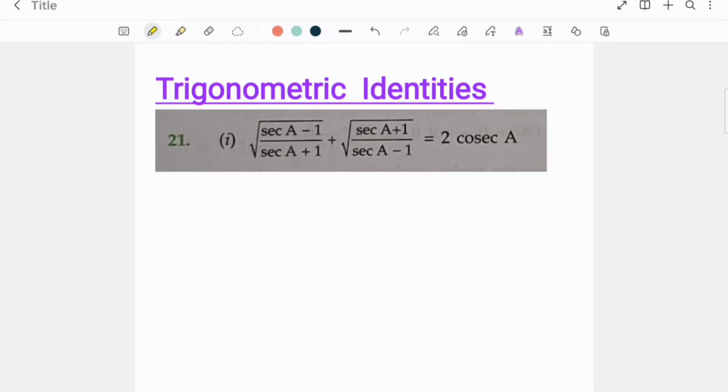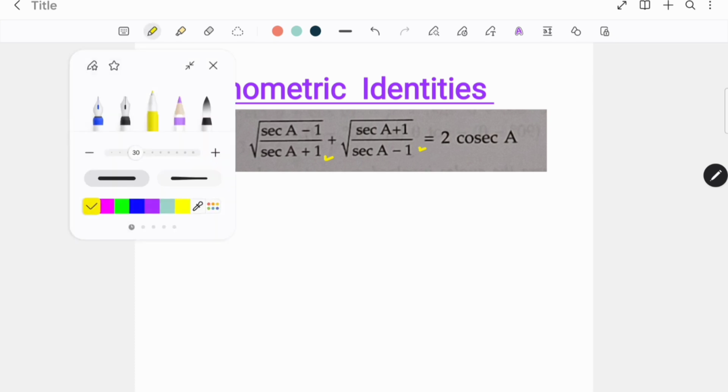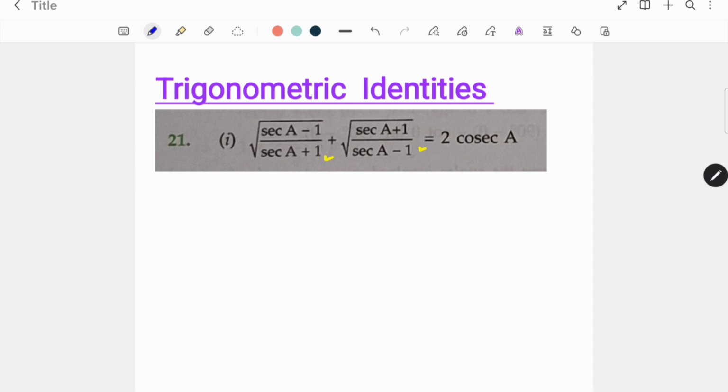So let's see how we can solve this sum. This can be rationalized here also, in this one and this one, but we'll try to do it in another way. So what can we do? Check. At first this LHS part will split. The RHS part we are not going to split.